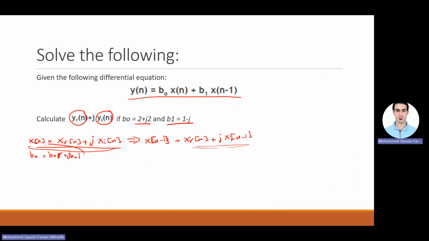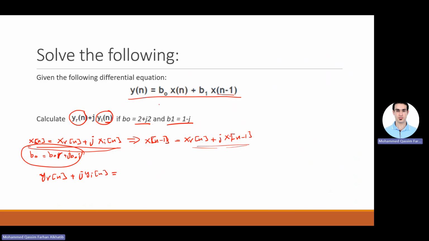Now I realize that B0 is decomposed into the real and imaginary part. So I will write this expression like this. So YR of n. By the way, writing the n is very necessary because we have these coefficients of n minus 1. So you cannot say just x real alone or x imaginary alone. So YR of n plus j y imaginary of n equals.